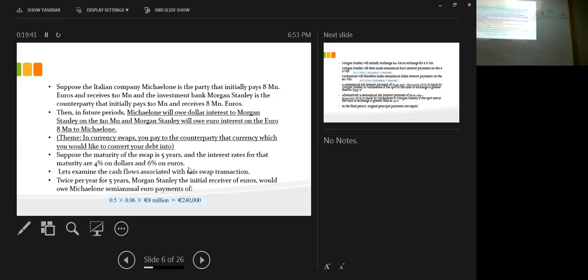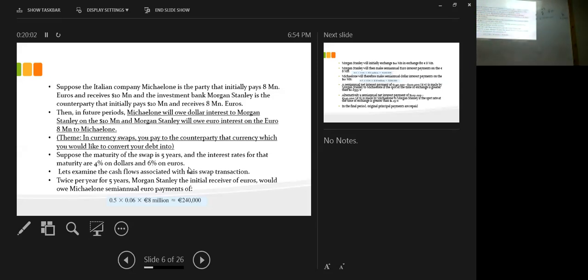The interest rates for the maturities are 4% on dollars, so this person can borrow at 4%. So don't get confused. And 6% on euros. Let's examine the cash flows associated with that.